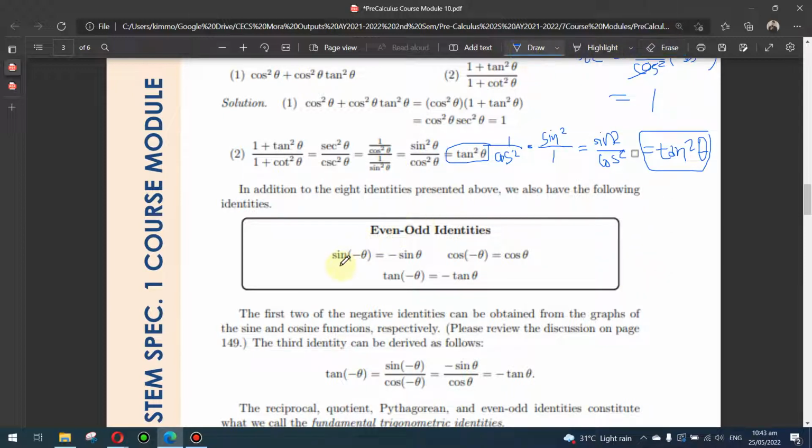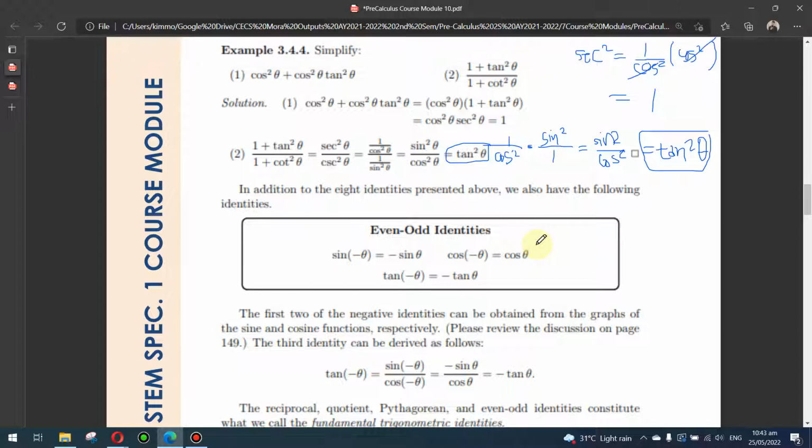So when we have sine of negative theta, that is actually equal to negative sine theta. When it is negative, the negative sign comes out. For cosine, we have cosine of a negative angle, which is equal to the positive cosine of the angle.